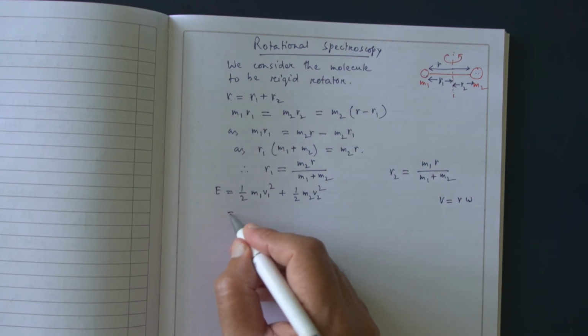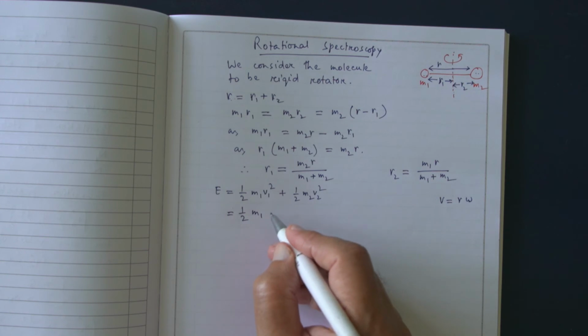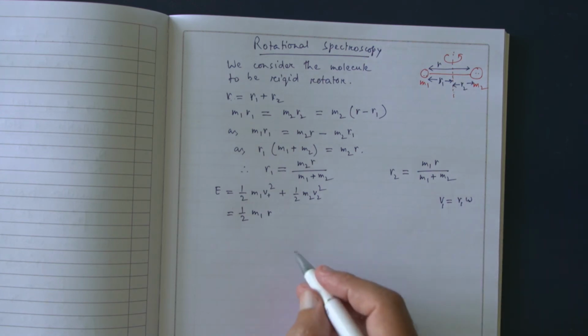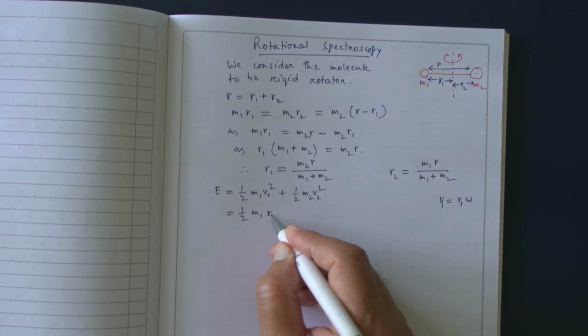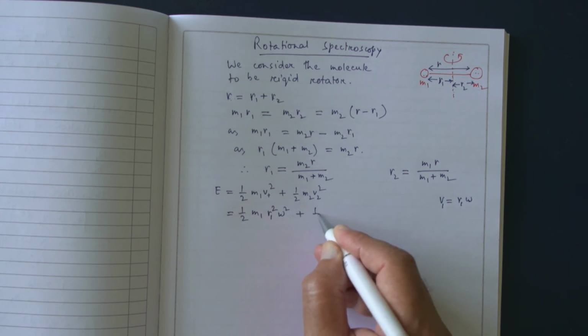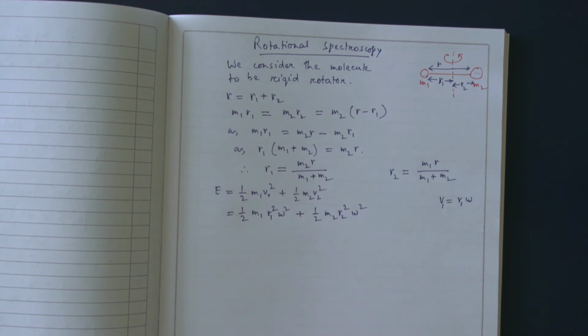So V1 equals R1 omega, and the energy is half M1 R1 square omega square plus half M2 R2 square omega square.